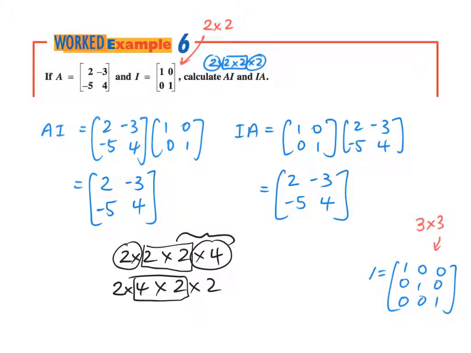So we can't do this, it won't give us a solution at all, because these two matrices are not conformable. So there's a couple of things there about identity matrices, and they're pretty interesting when you look at the whole big picture of matrices and the place that an identity element has within a set of numbers.